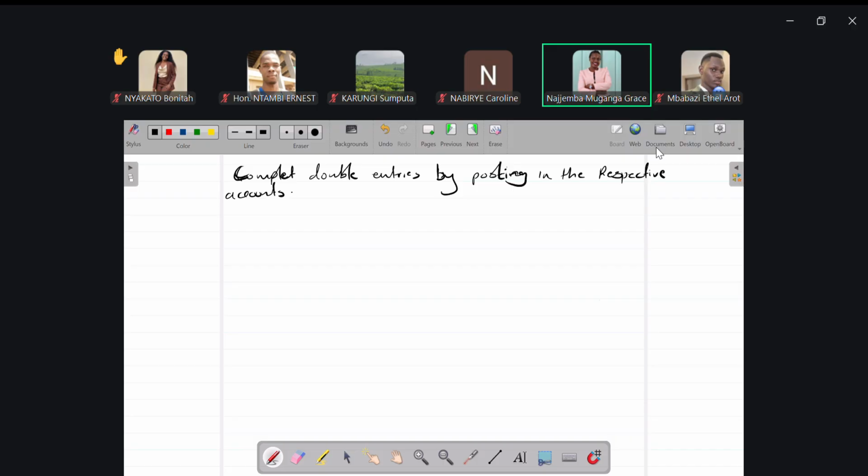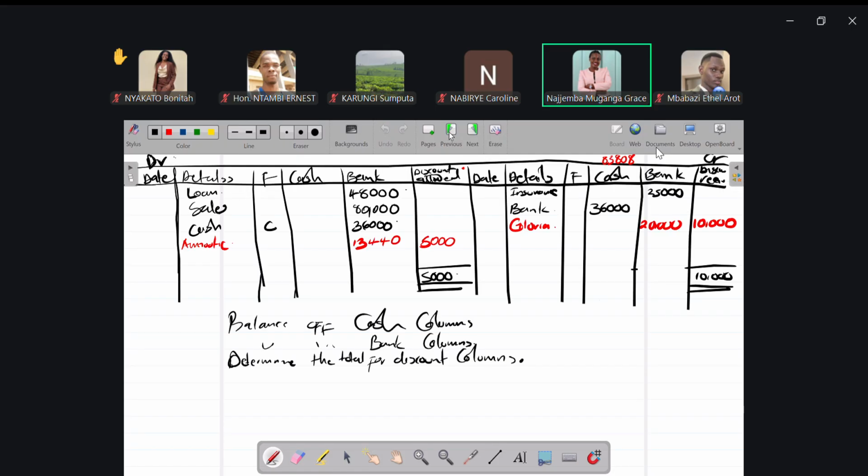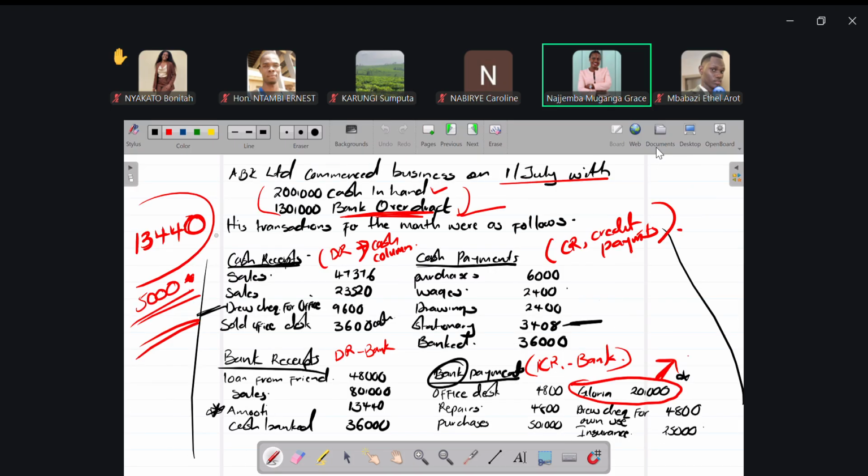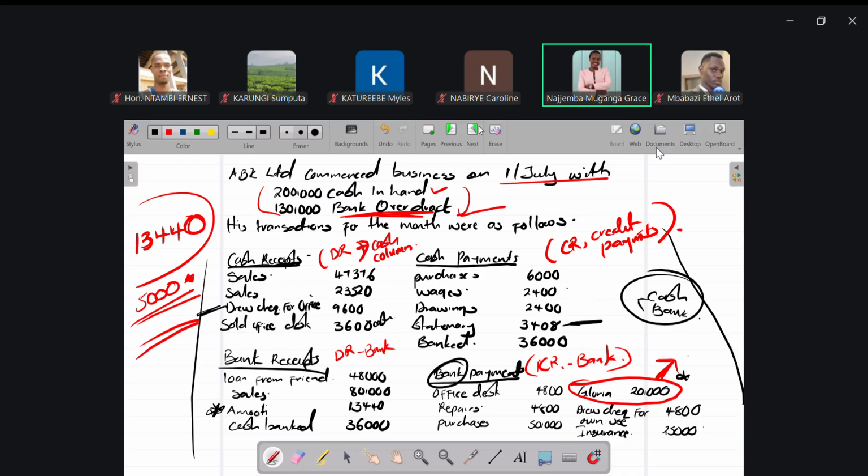So when you look at the question we have just covered, we were interested in only entries that affect cash and bank. Do you all agree? But we have the other account which is also affected. Remember the duality concept that every debit entry must have a corresponding credit entry.